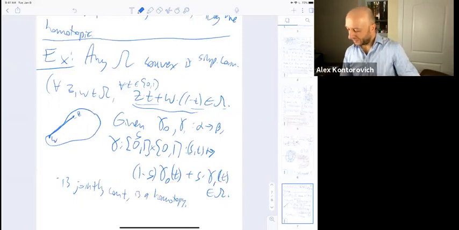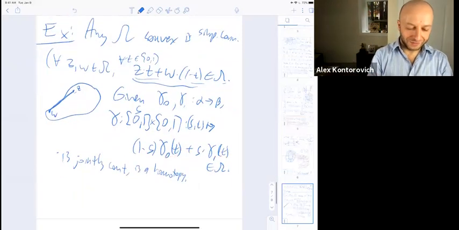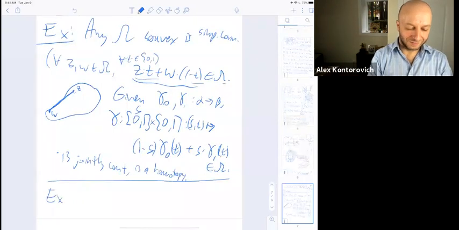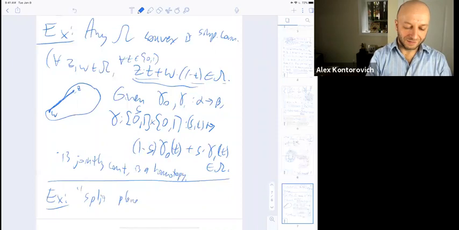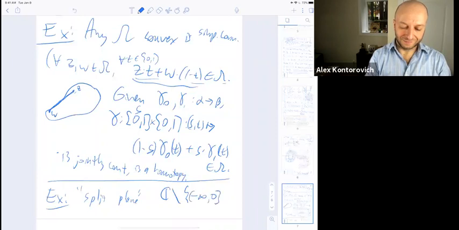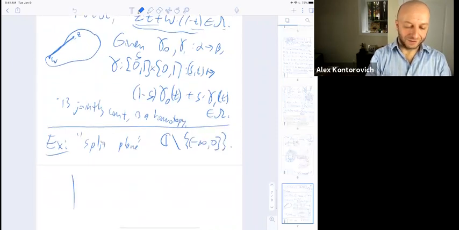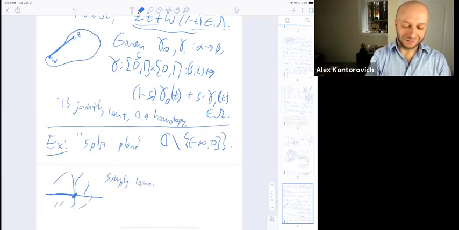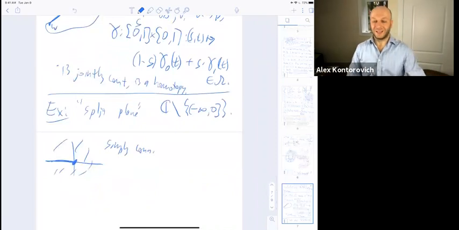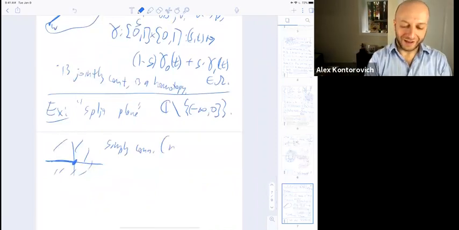Okay, here's another example. The so-called split plane. In other words, you take 0 down to minus infinity away, and I claim this is simply connected. It's definitely not convex.